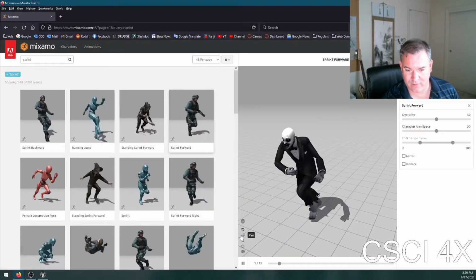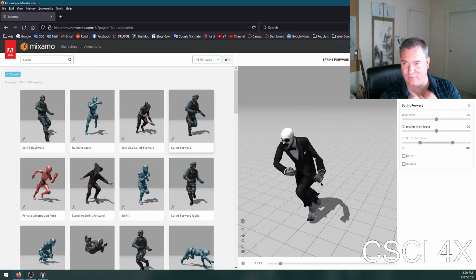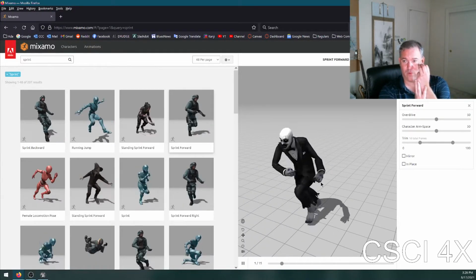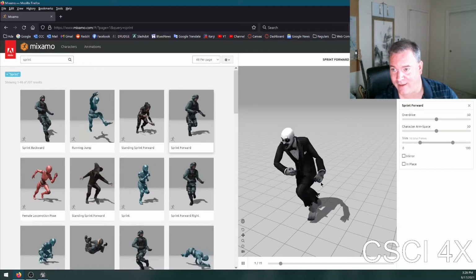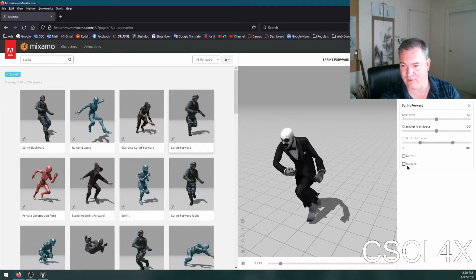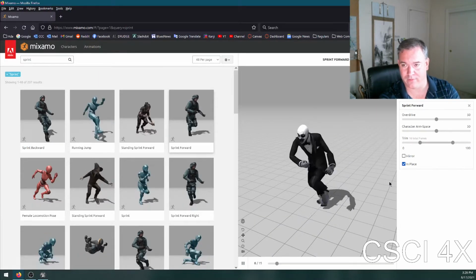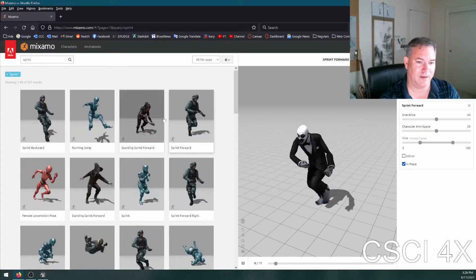When it finishes the animation, it comes back to the beginning. Your local origin is moving forwards, but the animation is being drawn ahead of it. So what you can do is set it to In Place, and then it won't move off the root. It'll stay in place. If you export it like that, you can do that.